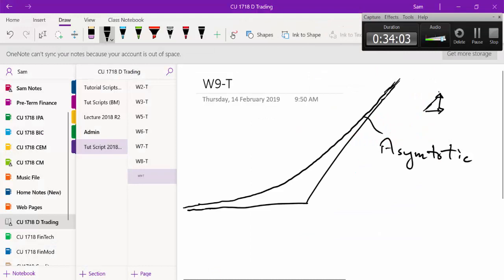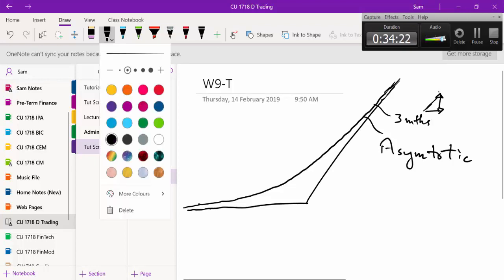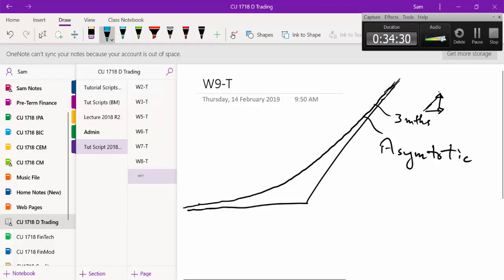The reason is, let's say you have this call option and it's 3 months to maturity. Now imagine if nothing happens to the market and it's now only 3 weeks away. What would your payoff look like? It looks like this.